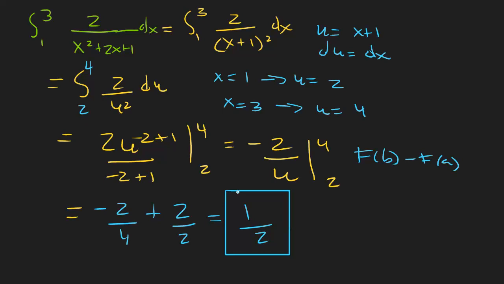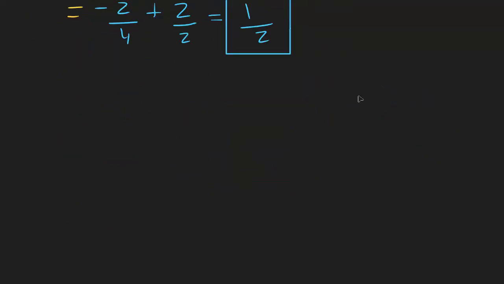But let's say it isn't so clear how we can apply a u substitution, because in some cases we may need to rewrite the expression totally. So what if we had 1 over 1 plus e to the x dx? Here I don't have a convenient part where I can say that u is equal to e to the x, because when you do this, there's an extra e to the x that's not there.